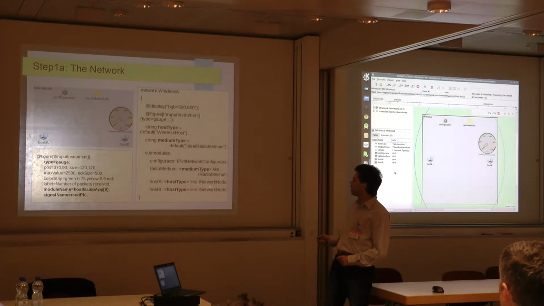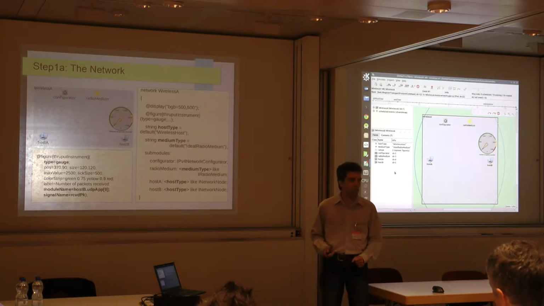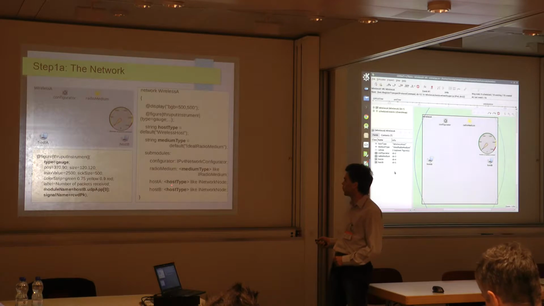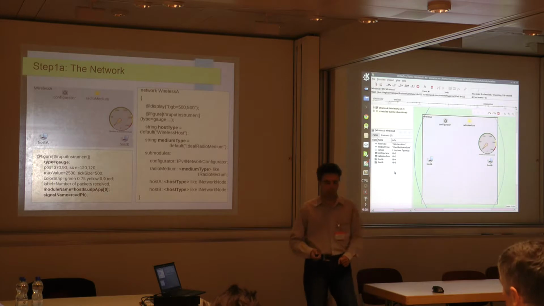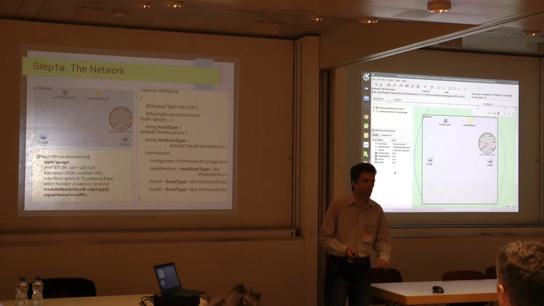And what we have here is that we didn't hard code the type, so we didn't use wireless host or standard host. Rather, we went with this like structure, and we use just network node, and we have a host type here, which is by default set to wireless host. That's done because in a later step we will replace the node.